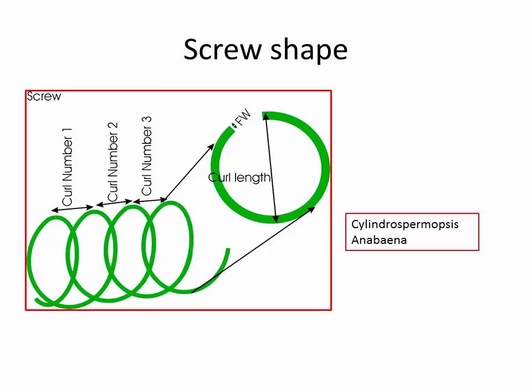Or the screw-shaped ones like Cylindrospermopsis or some of the Anabaenas, likewise you could use the formula for a screw shape, a spiral shape. There are geometric formulas for that one as well. So we're counting the cells in here, using that formula, and getting biovolume. Makes sense? It's easier than it might look, but it's not impossible. Harder than it might look, I guess.